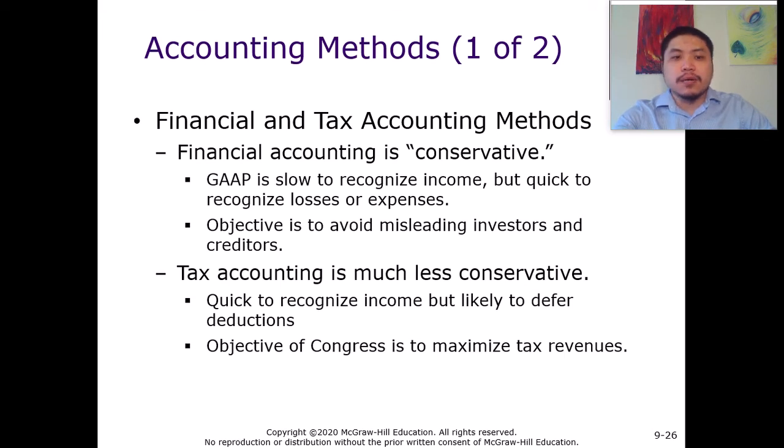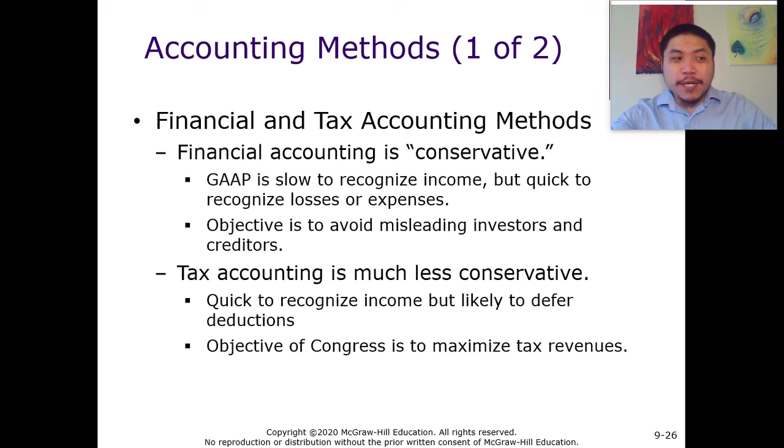But for financial accounting, it's the opposite. GAAP wants businesses to recognize losses and expenses early, but defer the recognition of income. So we have to always keep in mind the difference between the objective of financial accounting and tax accounting. This is the big difference.